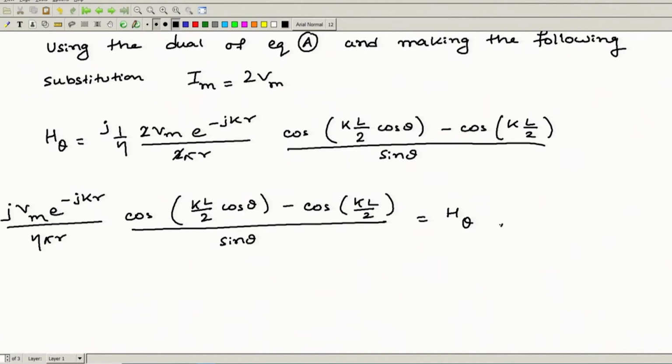This applies when we are considering y greater than 0, and if we consider y less than 0, this will be minus H theta. So this is the radiated field.